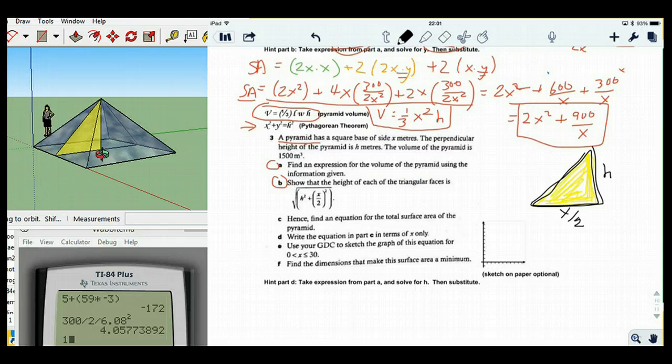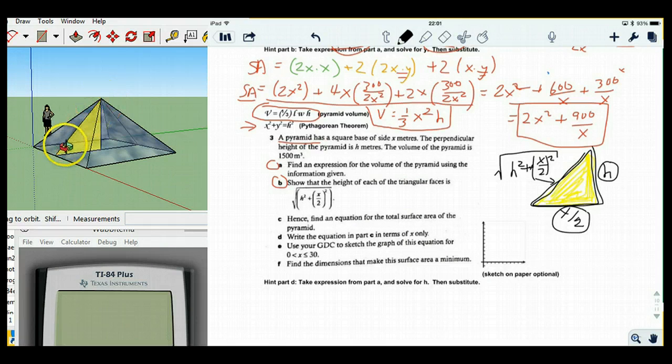Well, remember the Pythagorean Theorem, right? If we take the height squared plus x over 2 squared, add them together, and then take the square root, that is the length of this diagonal piece here, which is also the height of the triangular face.